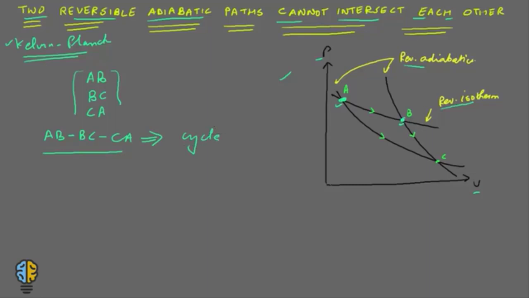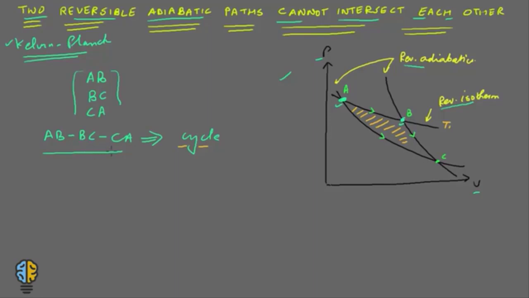Now, if you look at the diagram a bit more closely, this reversible isotherm is representing a constant temperature T1. Now, because it's a cycle, the area included, that is this area, represents the work output in this cycle.